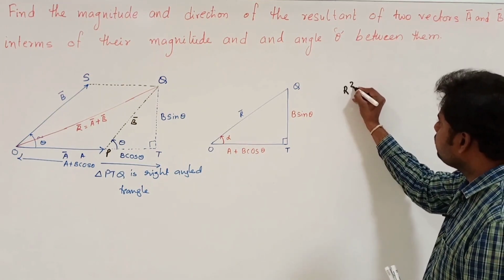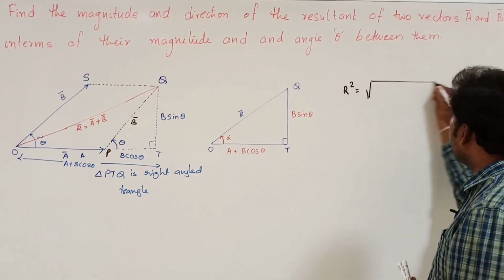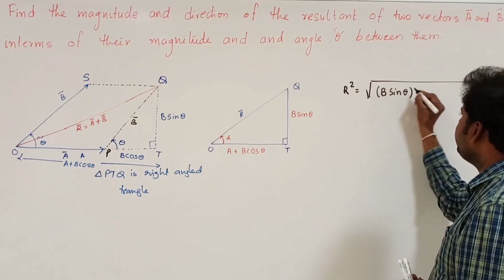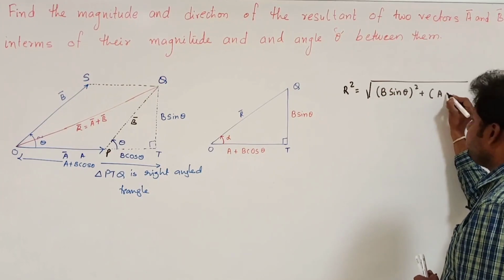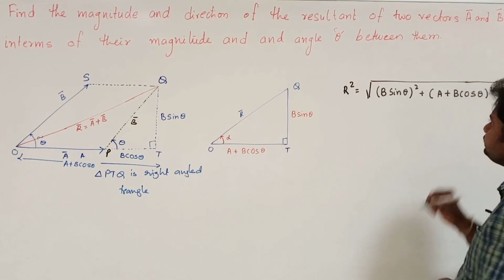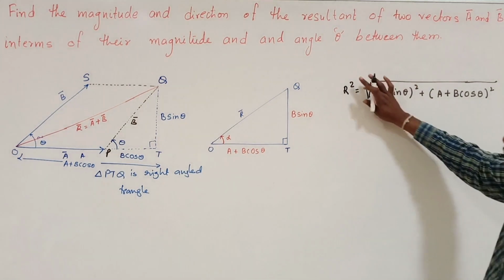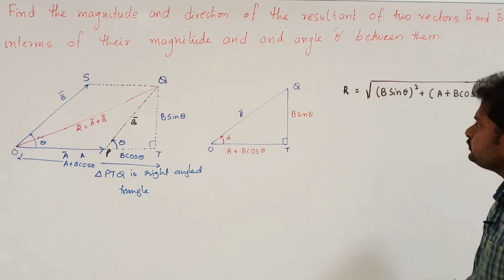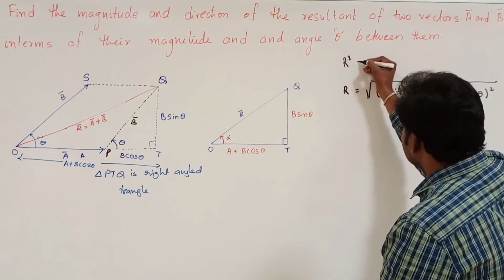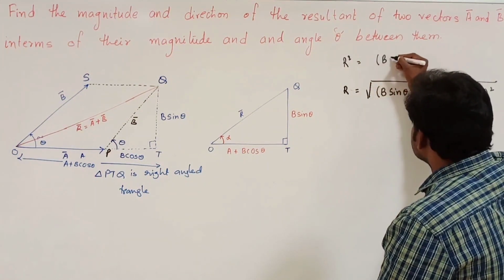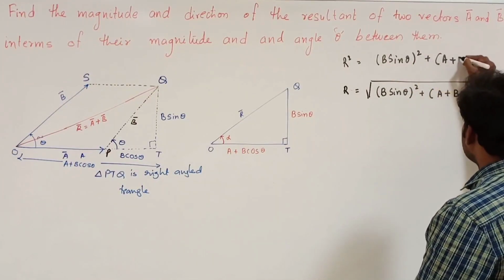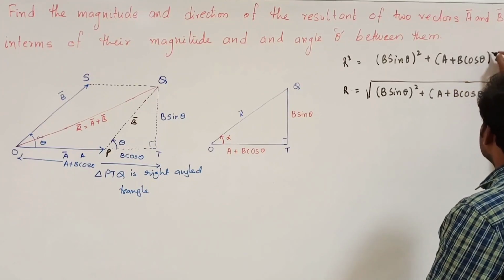R square is equal to B sin theta whole square plus A plus B cos theta whole square.